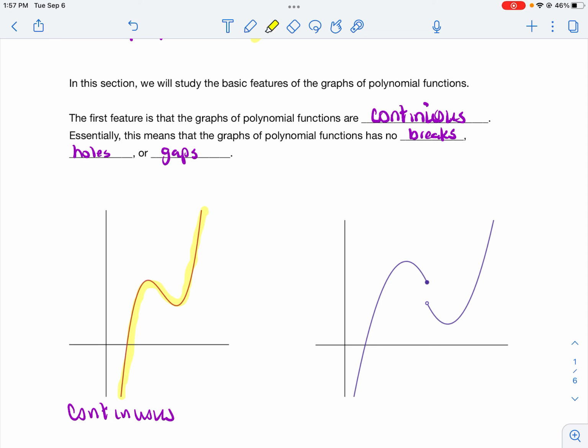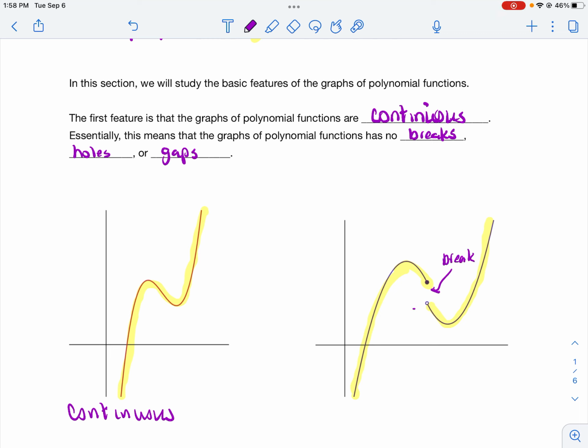On this other side, I can trace it, but when I get here, I have a problem. In order to start this next piece, I have to pick up my pencil and go back and start drawing it. Right here is what we call a break.